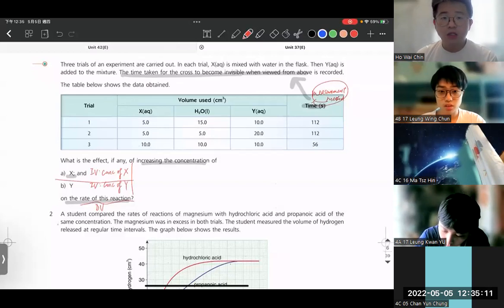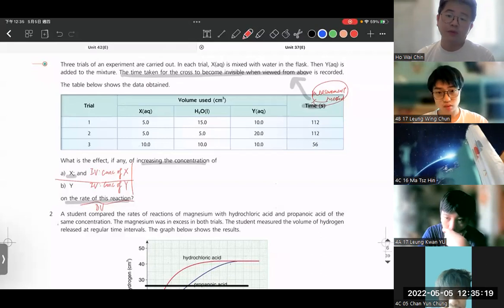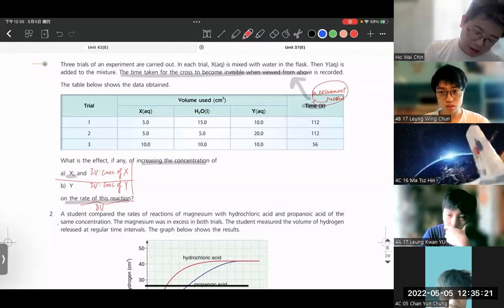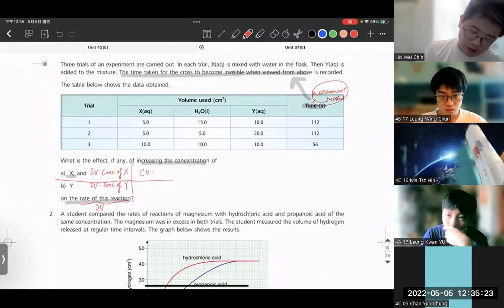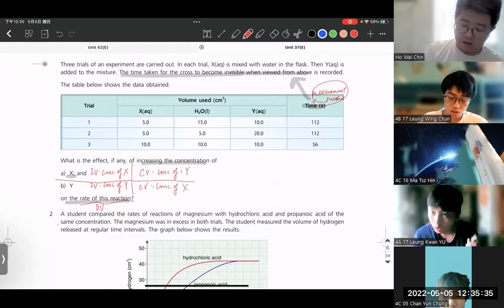So in order to choose the 2 trials correctly, you should have a sense of the control variable as well. For the control variable, it should be the concentration of what? For the A part, this is the concentration of Y, while for B, the control variable is the concentration of X instead.